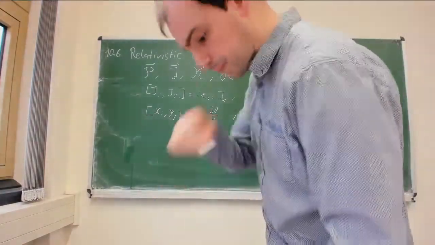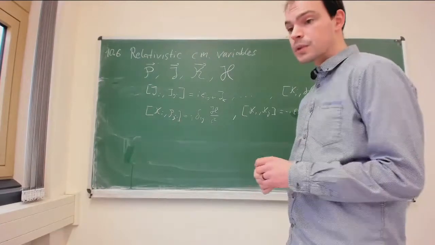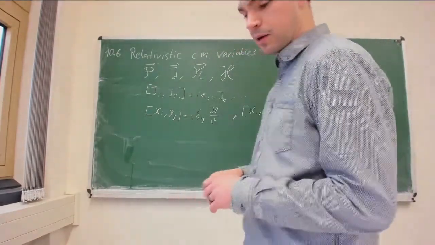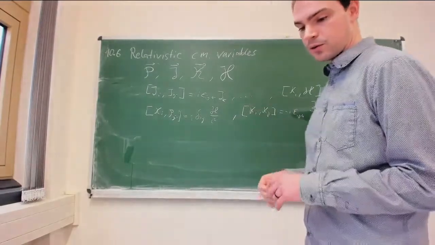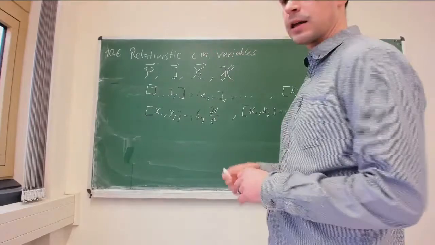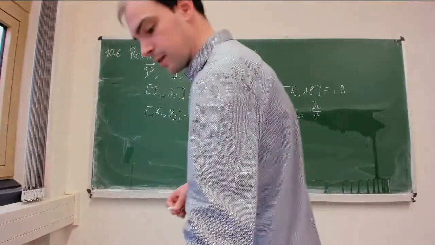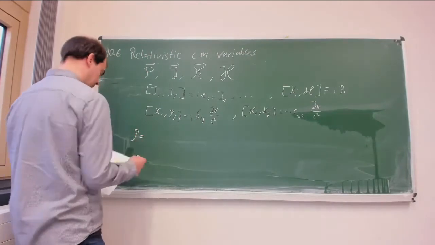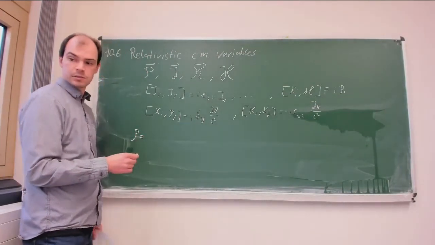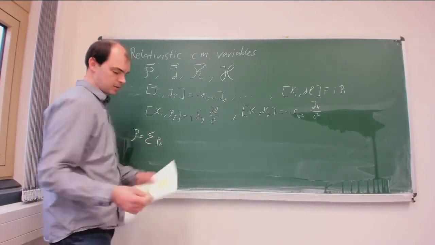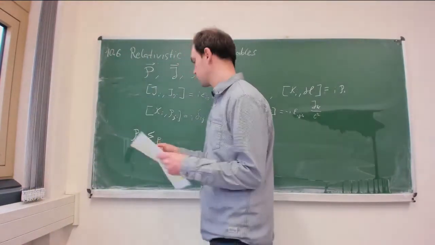Now we can do the following. We can look at the representation of those generators if we have spinless particles, and then we can just write P as the total momentum, so it's the sum of all the particle momenta, which we call P_mu with indices mu.